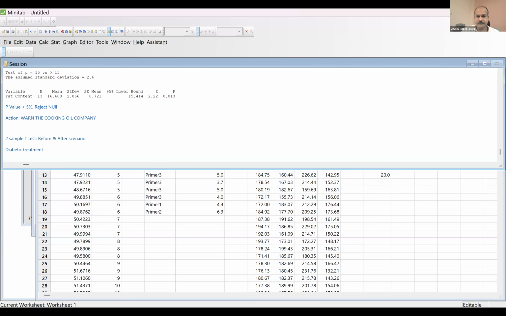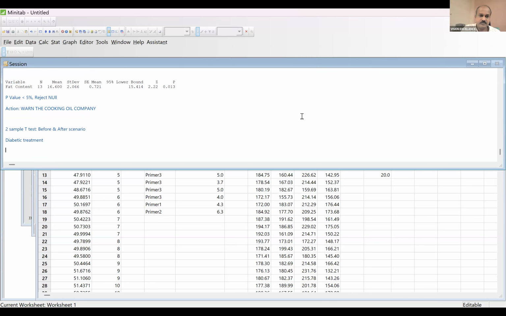A patient is given a treatment for diabetes, and his sugar levels reduced. Now you have to prove, yes, my treatment is effective. My treatment can significantly improve the diabetic condition.